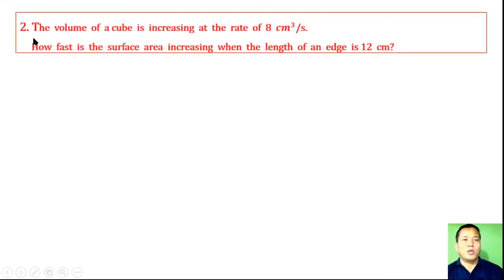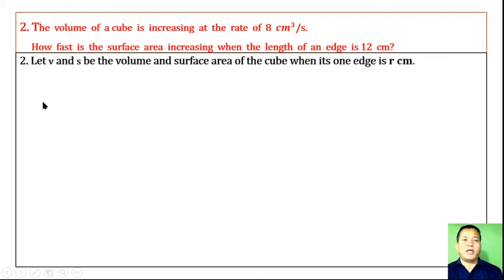Question number 2. The volume of a cube is increasing at the rate of 8 cm cube per second. How fast is the surface area increasing when the length of one edge is 12 cm? Cube amagi volume asi second khudingi 8 cm cube ki sangda hengatle. Maha ki surface area hengatpa piban amane 12 cm sangba matamda surface area hengatpagi sang putu haibani.